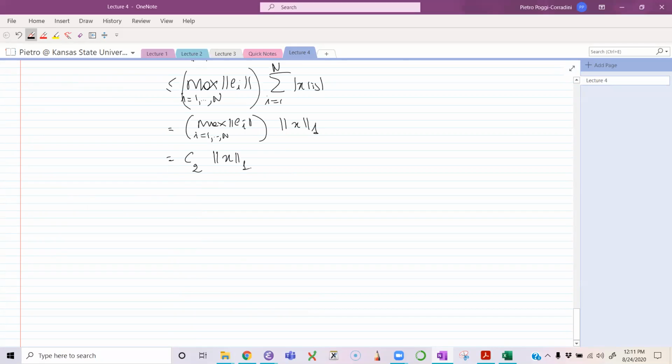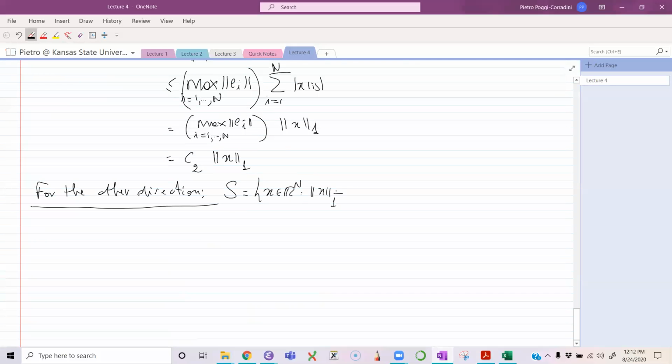I'm trying to prove that this norm that I'm given is equivalent to the one norm. What about the other direction? The other direction is a little bit harder. So let's introduce the unit sphere S of vectors that have one norm equal to 1.